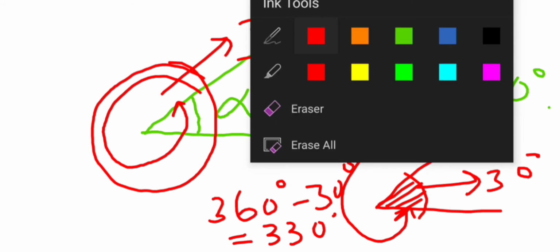So in this concept of angle, here I draw two lines intersecting in a single point perpendicularly.